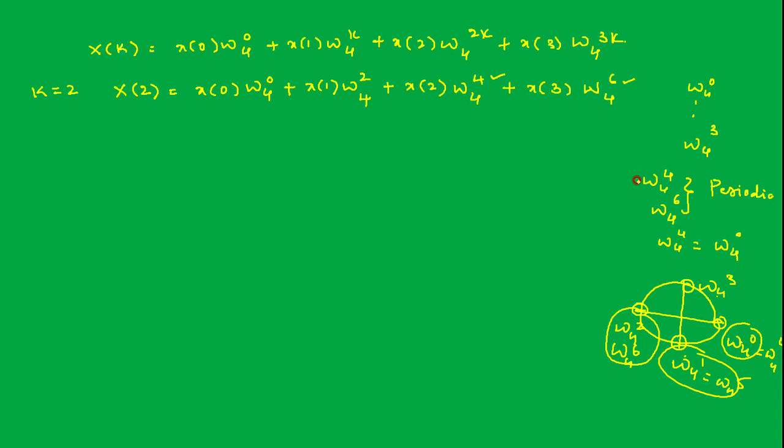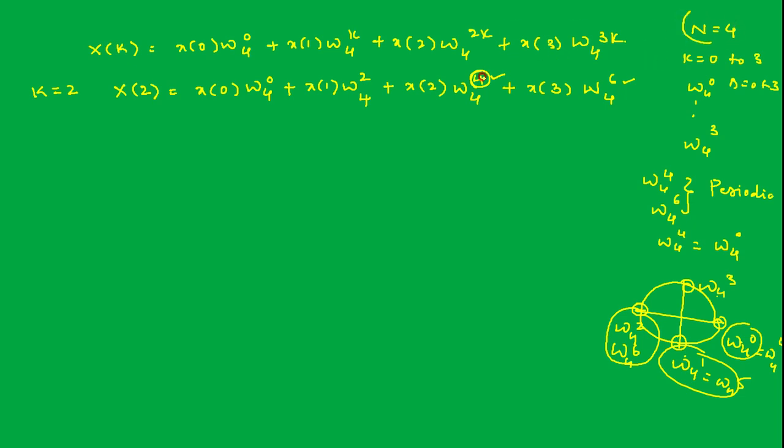And one more method is there which is much simpler than this one and easy to remember also, right? If you know the length of the sequence N is equal to 4, whenever this value is greater than 3, because k is 0 to 3 and n is 0 to 3, just subtract the N value 4 from this value.